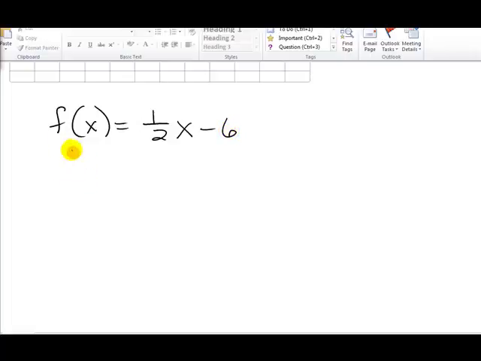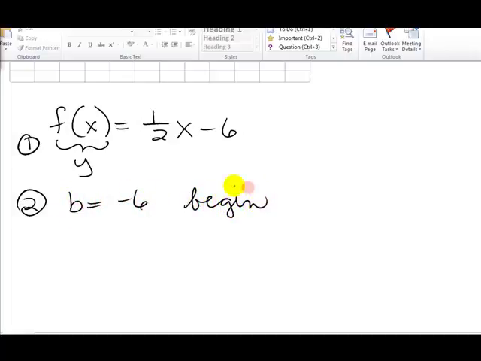So in this case, remember, that's my y, so it's in the right format. So that's the first thing. Second thing is going to be the b equals -6. This is I begin on y. And my third thing is m equals a +1/2. So we go up and to the right. And we apply the slope twice.